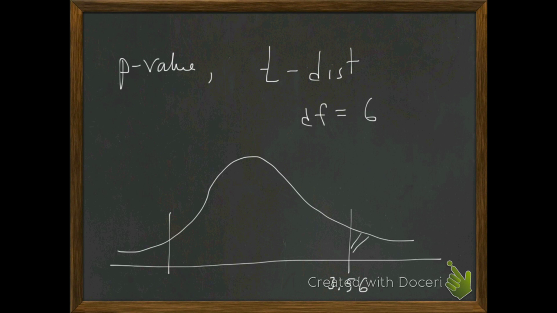So I need to find the area in that tail, but since I'm conducting a two-tailed test, that's equivalent to finding the area in that tail and adding the other. So I need to find one of the areas and multiply by 2, or find the areas together. Okay, guys, easy stuff.